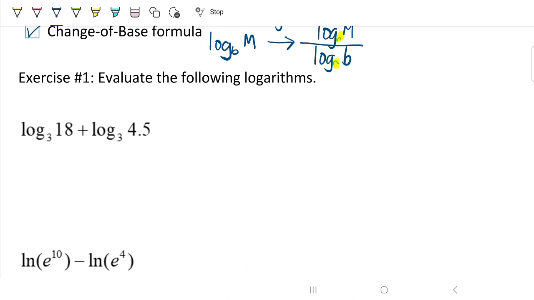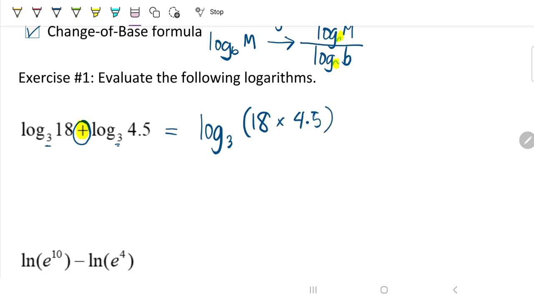So again, since the operation here is addition, we can apply our product rule since we have a common base of 3. So applying the product rule, I can write this as log base 3 of the product of 18 times 4.5. Okay?